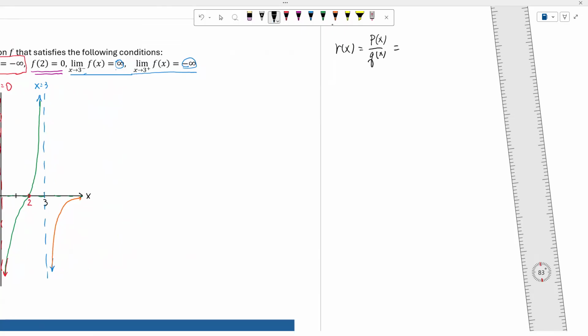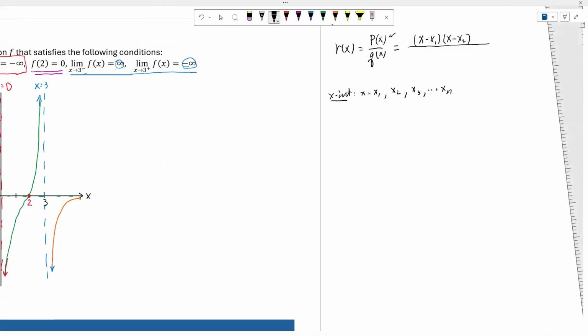And also one thing about this is the p function is related to the x-intercepts. Okay, if we have the x-intercepts x1, x2, x3, and so on up to xn, then for the p function, we will have (x minus x1), (x minus x2), (x minus x3), down to (x minus xn). Okay.